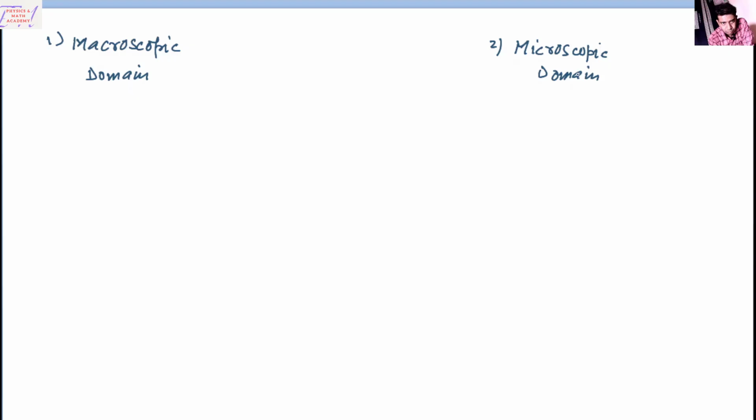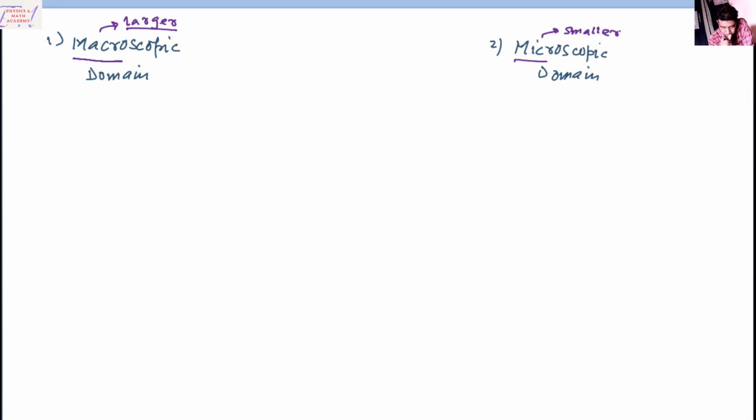Now, how can you identify which domain it is? In the macroscopic domain, the term macro is used in a larger perspective, and the term micro is used in a smaller perspective.